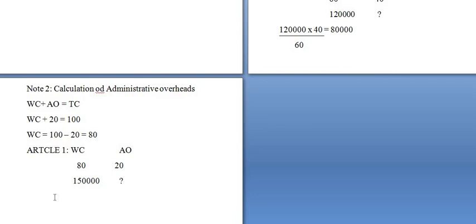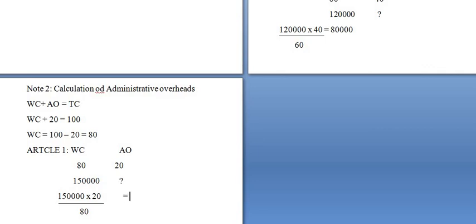Now next line, 1,50,000 into 20, okay, then divided by 80. Okay, now calculate this.